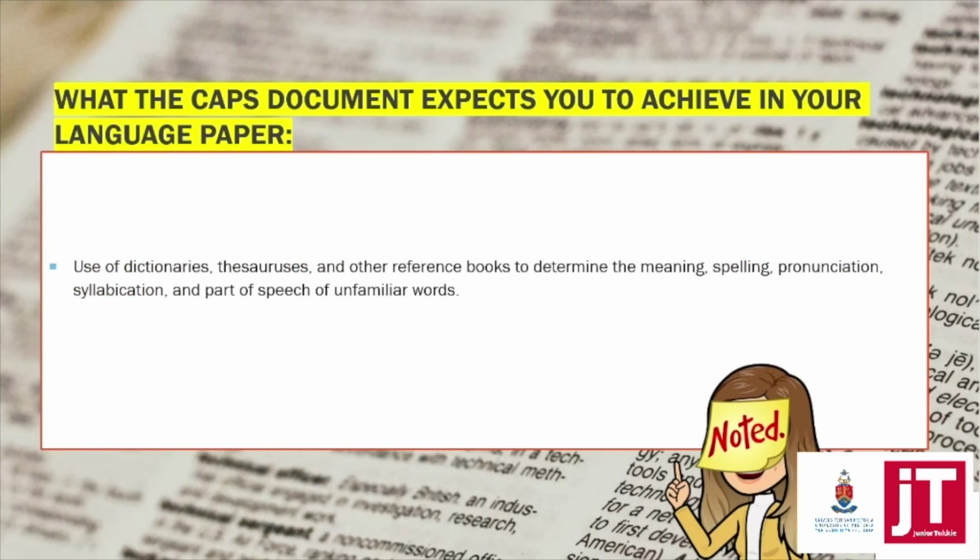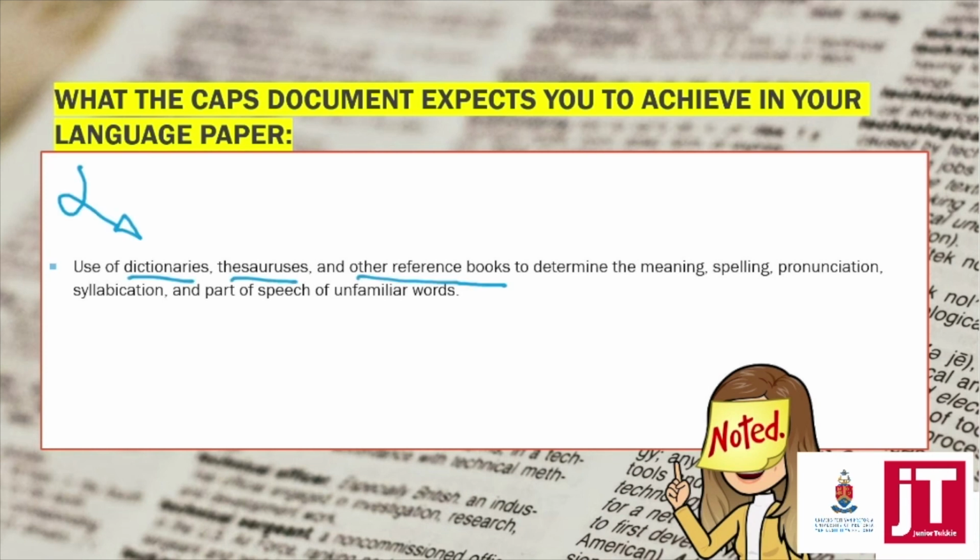The first thing we are going to look at today is what the CAPS document expects us to achieve. When it comes to the final exams, this is a document issued by the Department of Education. It says you need to be able to use dictionaries, thesauruses, and other reference books.